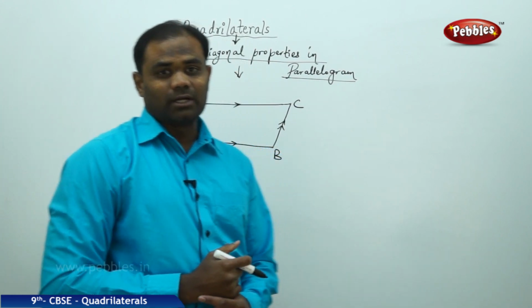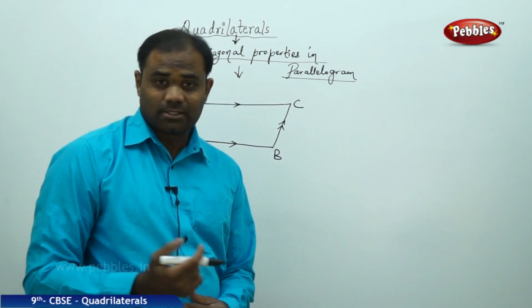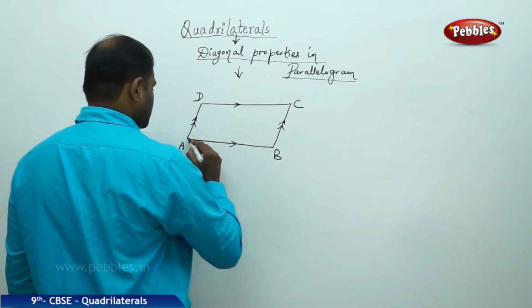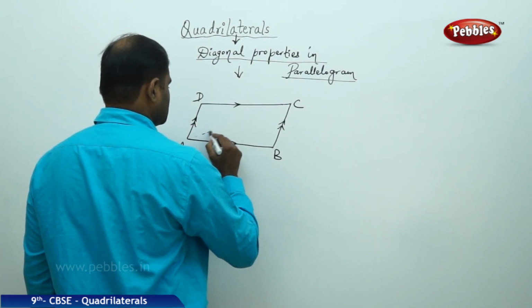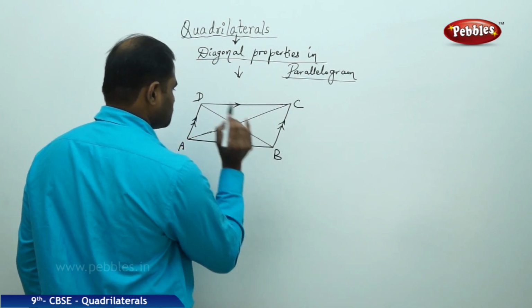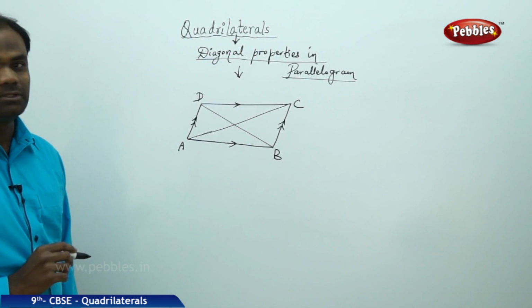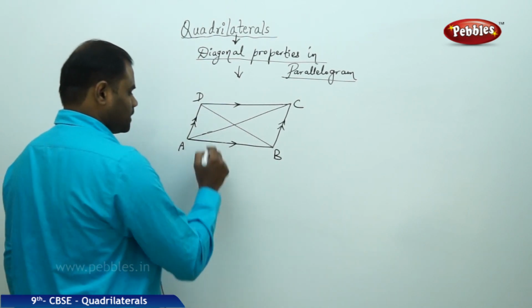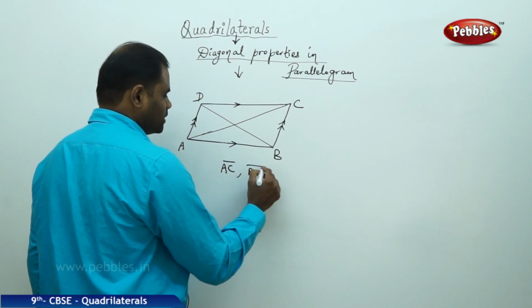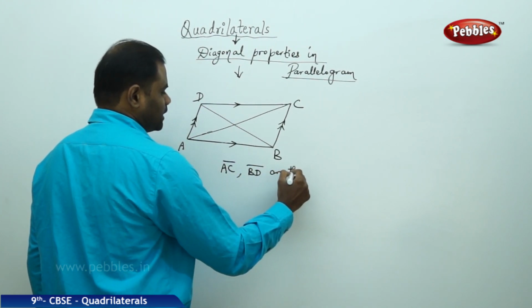For this parallelogram we have two diagonals as discussed in the previous session. One diagonal is obtained by joining AC and the other diagonal is obtained when I join BD. So here my diagonals AC and BD are the diagonals.